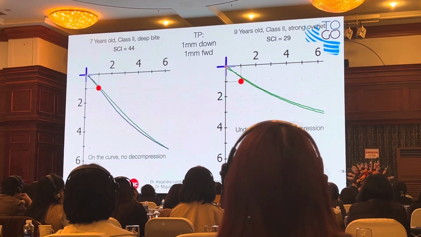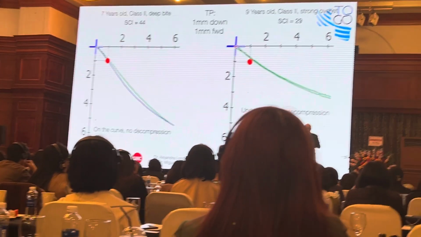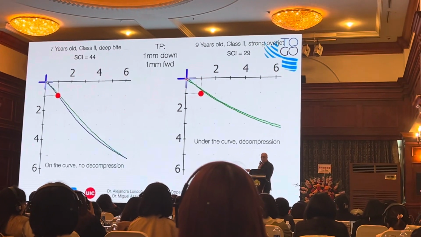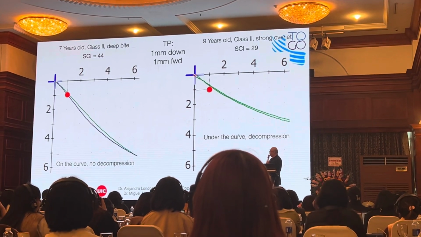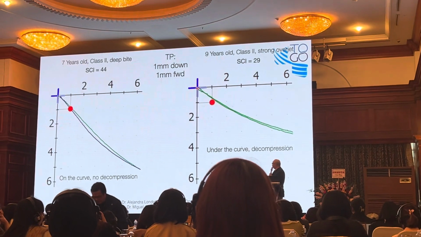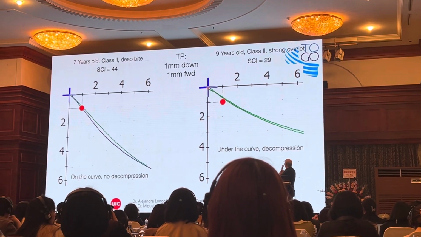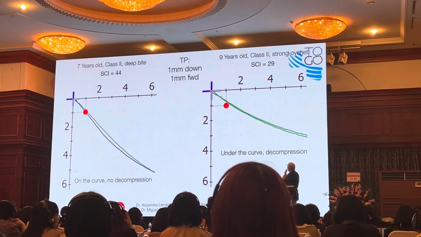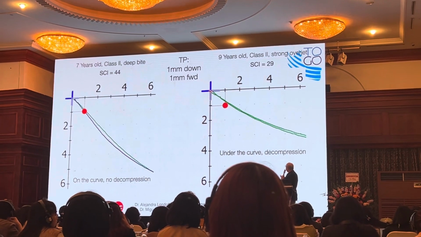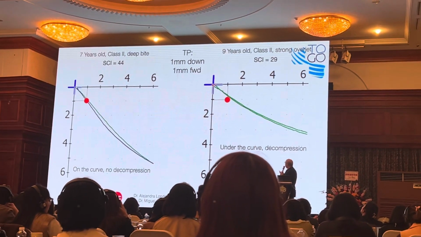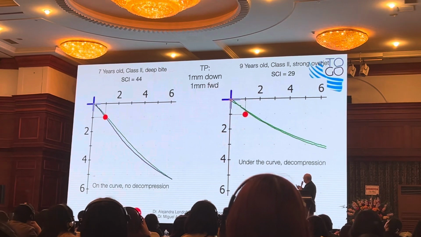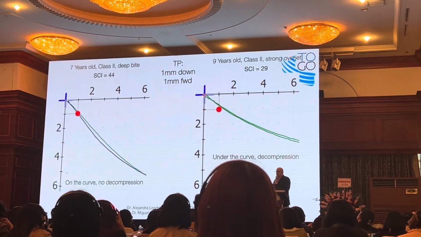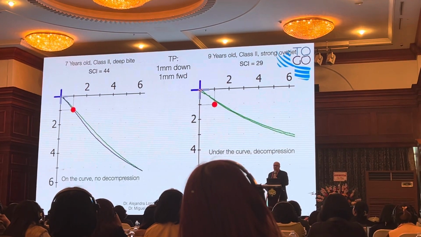But I am not decompressing because I'm on top of the curve, okay? Same patient, same quantity of activation, but different SCI, now 29. 1 millimeter forward, 1 millimeter down. This one is going to be under the curve and certainly decompress the joint.